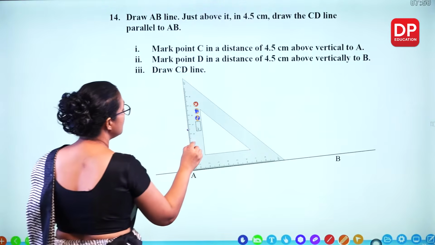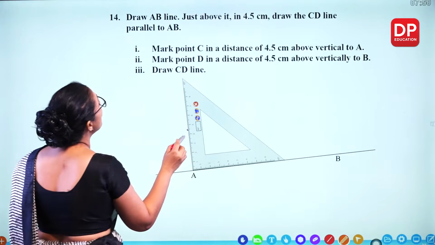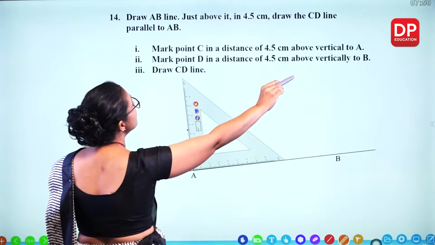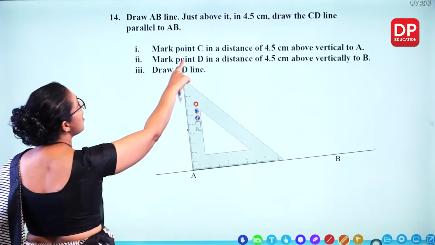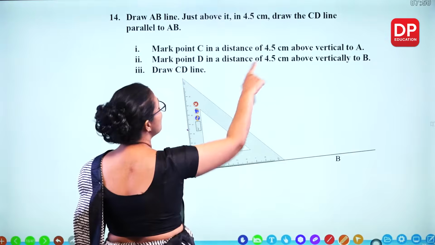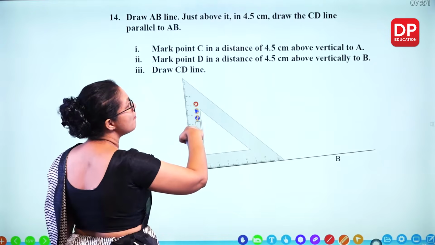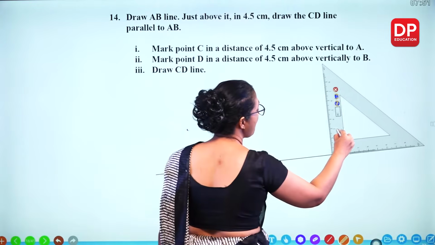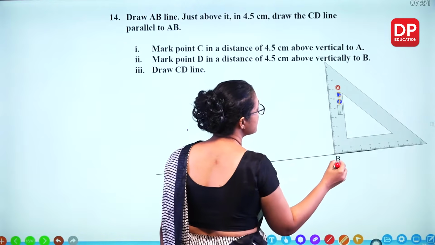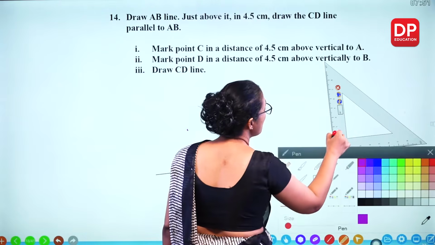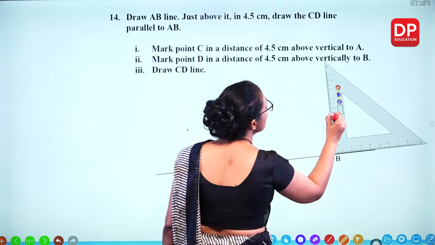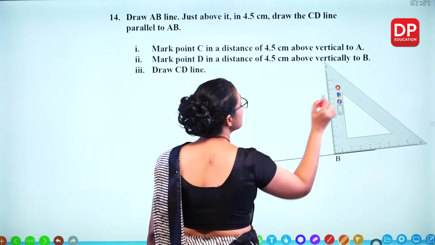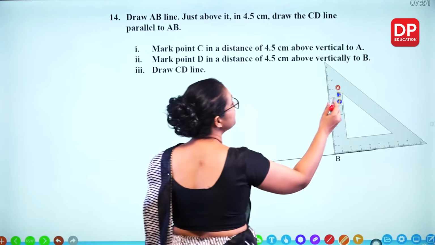And also we'll mark another point D above B. Now this is mark point C in a distance of 4.5 centimeters above vertical to A. Now we'll measure above B 4.5 distance. 4.5 is somewhere here. So that's this point.